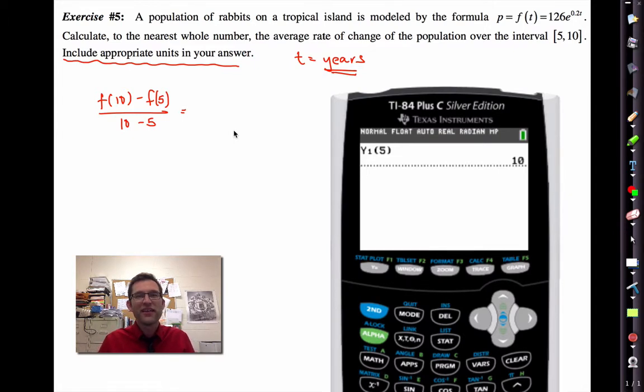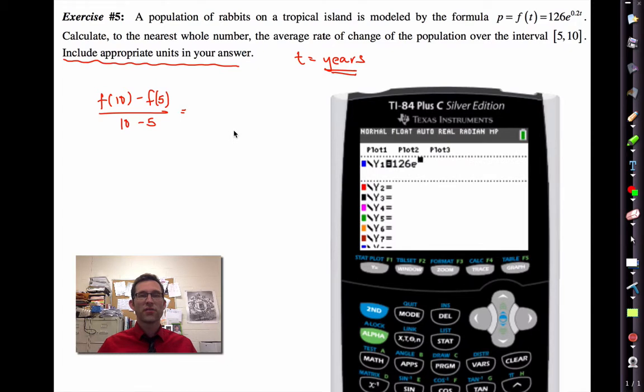So let's do that. Let's hit the y equals button again. I'm going to clear out my 2x, and then I'm going to put in my function: 126 times e raised to the 0.2x, parentheses, enter.